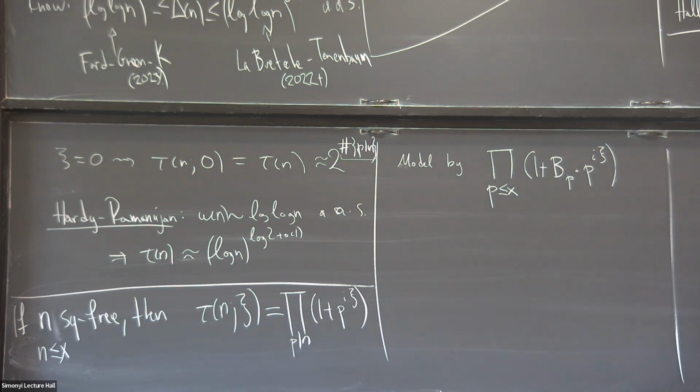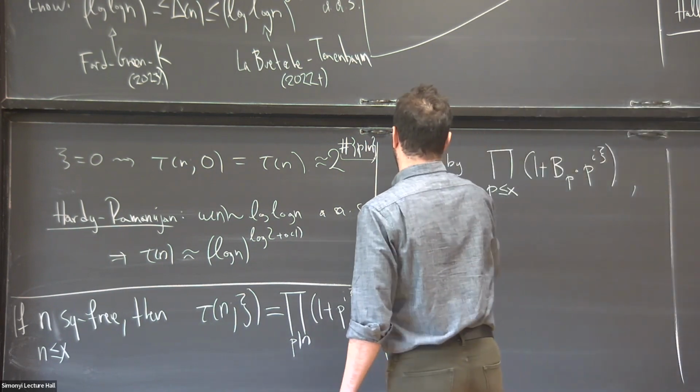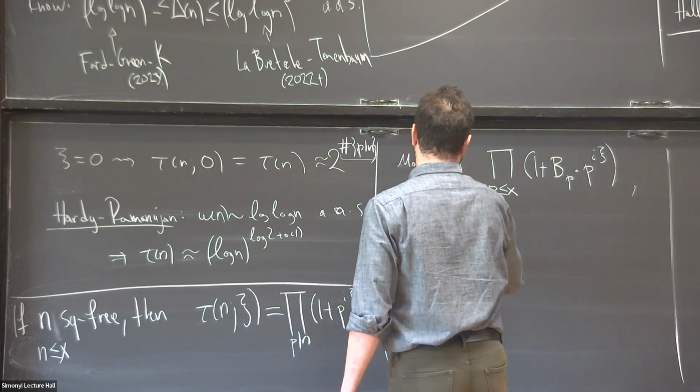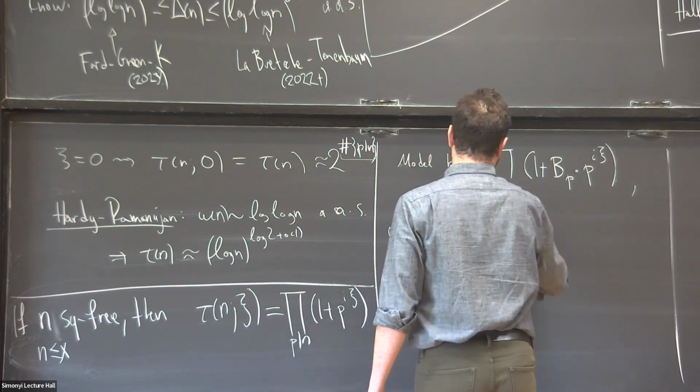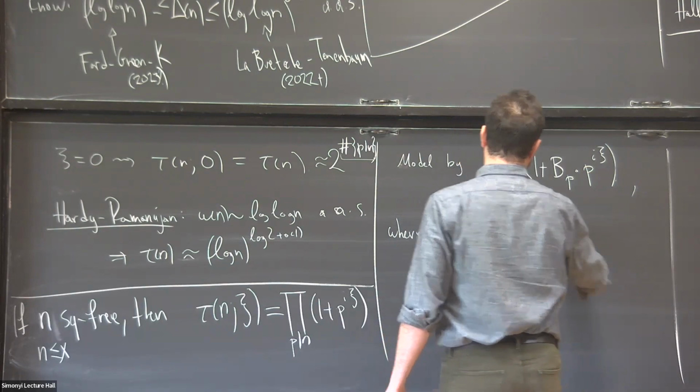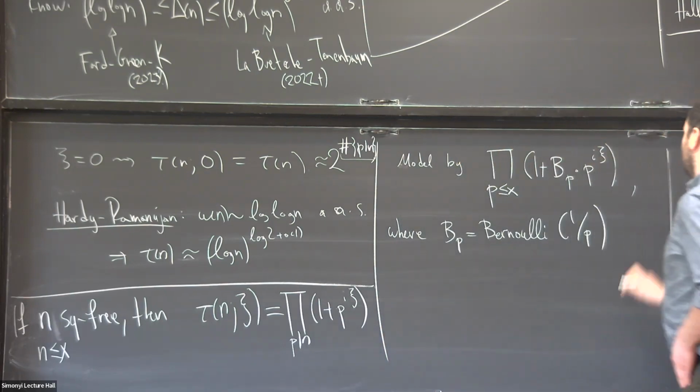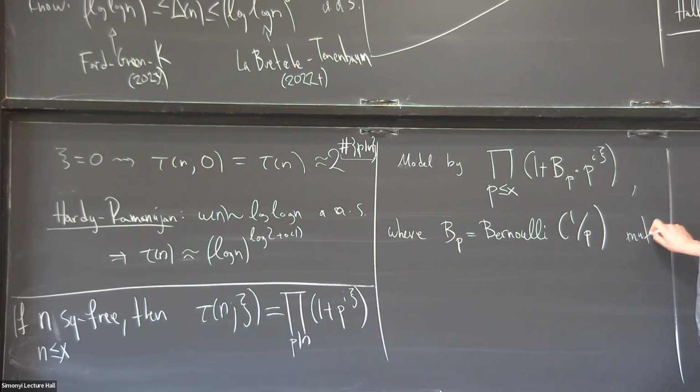And what is this b_p? b_p is a Bernoulli random variable of parameter 1 over p, and they're mutually independent for different primes p.